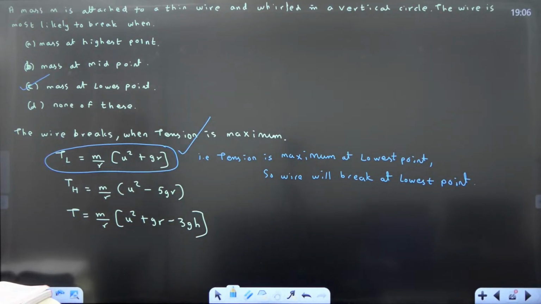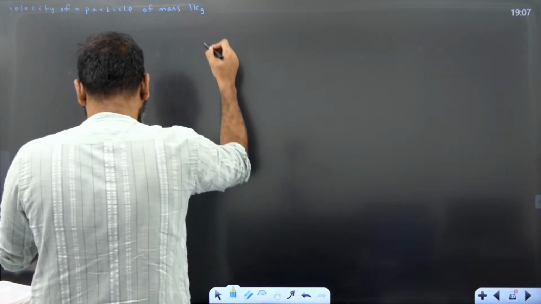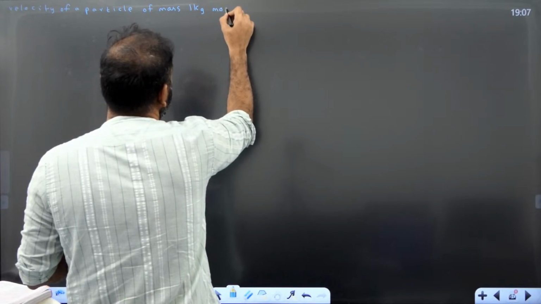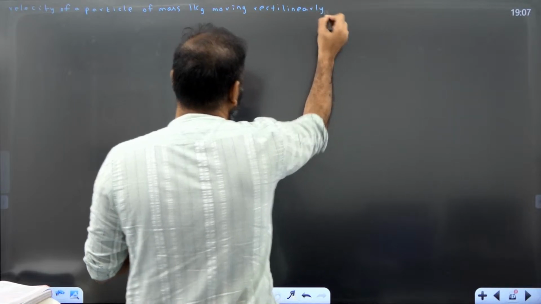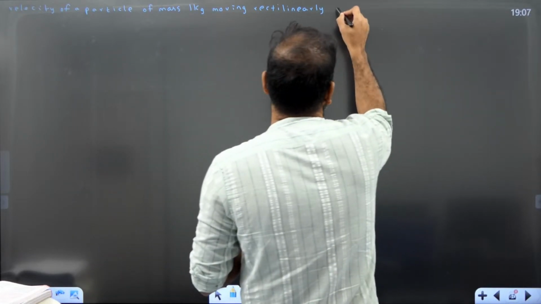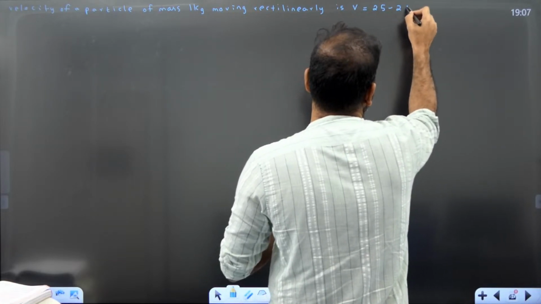Next question. The velocity of a particle of mass 1 kilogram moving rectilinearly is v equal to 25 minus 2t plus t square.